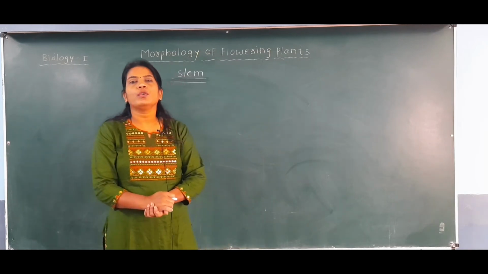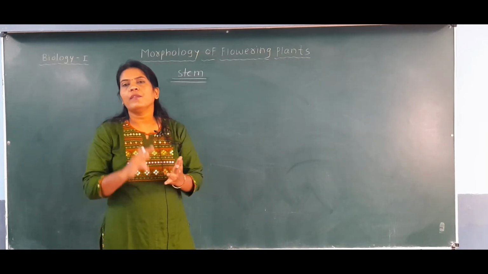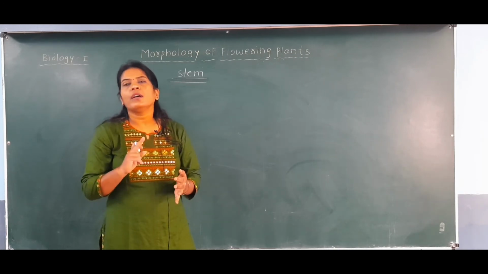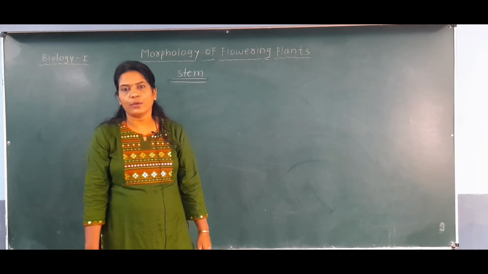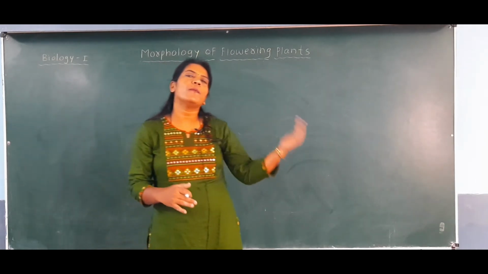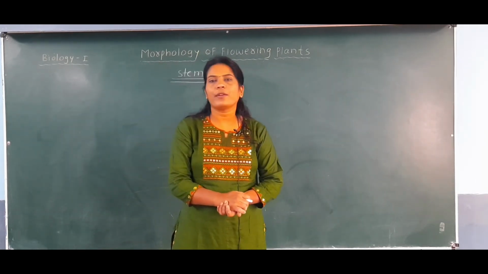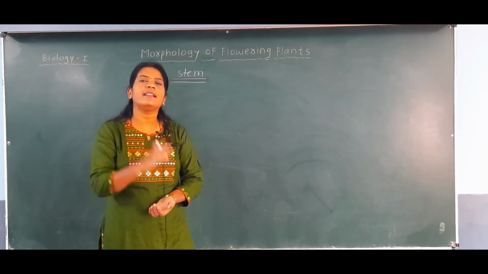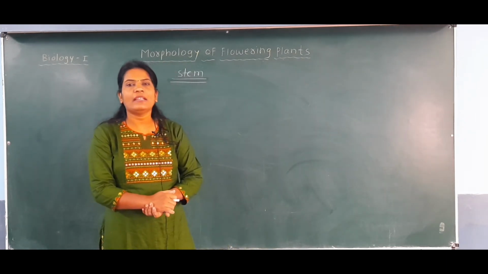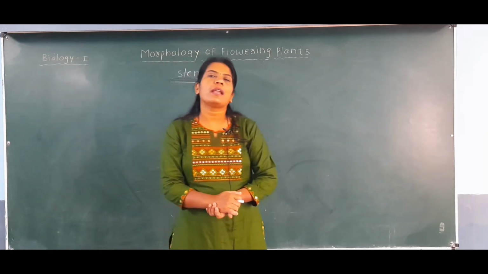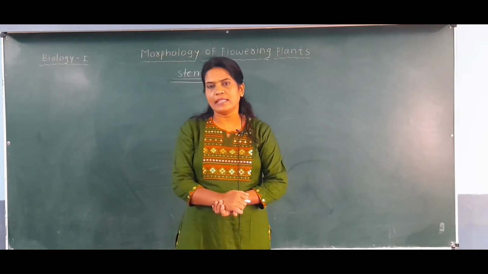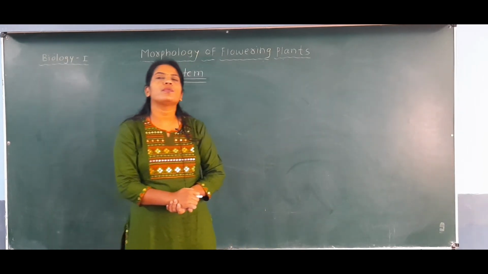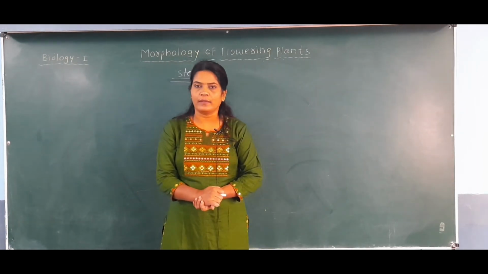On the stem you can observe leaves, flowers, fruits, as well as node and internode. These structures you cannot observe in the root part of the plant. As the stem is green in color, it is mainly involved in the function called photosynthesis.